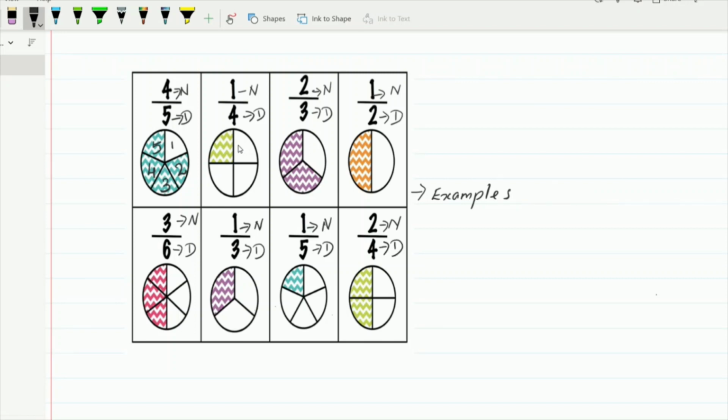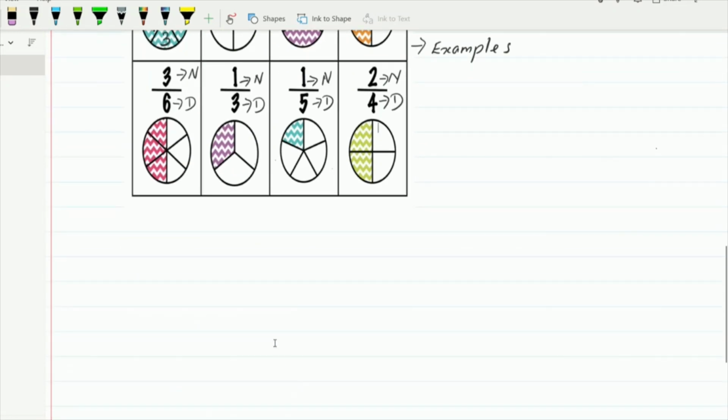So in all the fractions, the number of equal parts into which the figure is divided is the denominator, and the number of parts which we colored or selected is the numerator. So these are the examples of fractions. That completes the definition of fraction.